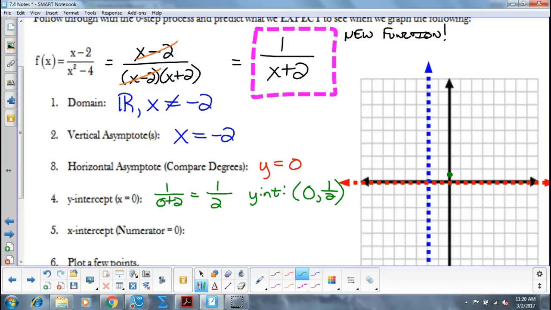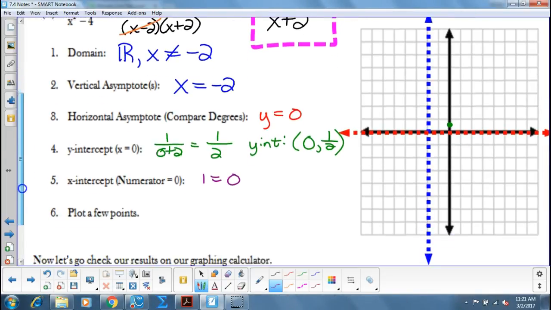Then it says to find the x-intercept. How do I find the x-intercept? I set my numerator equal to 0. So in this case, my numerator is 1. I set that equal to 0. Can that ever happen? Can 1 ever be equal to 0?